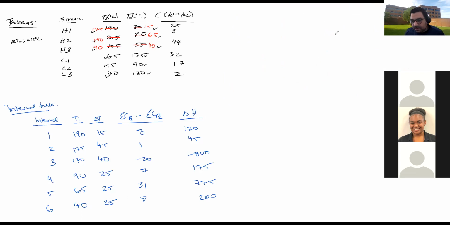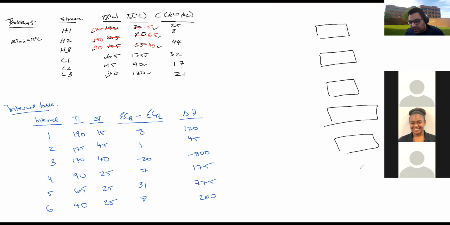This minimizes errors if you're doing it step by step. So I have 1, 2, 3, 4, 5, 6, and I'm going to connect them with a bunch of arrows.